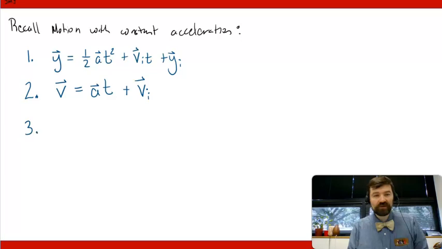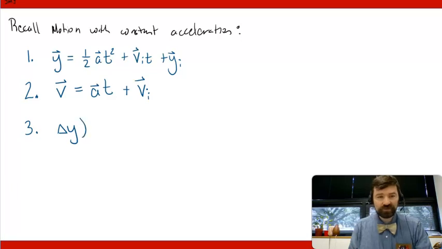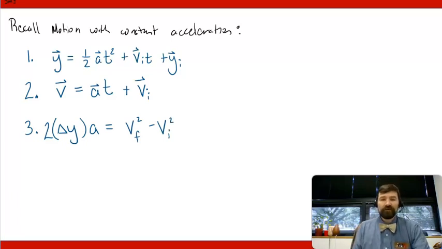And third, we have what happens if you combine these two equations by solving this one for time, substituting into this one, and combining like terms, which is more of a scalar equation: delta y times 2 times the acceleration is equal to the final speed squared minus the initial speed squared. Those are the 3 relevant equations for 1D motion with constant acceleration.